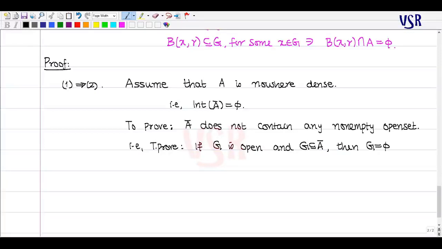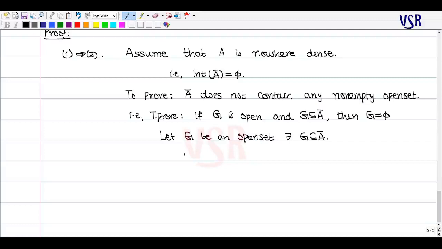ஓகே, சரி, அப்ப நான் எடுத்துக்கிறேன். ப்ரூஃப் எழுதலாமா? So let G be an open set such that G is a subset of A closure. Okay. இப்போ என்ன proof பண்ண போறோம்? To prove G is equal to empty.